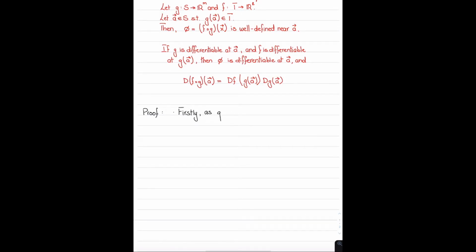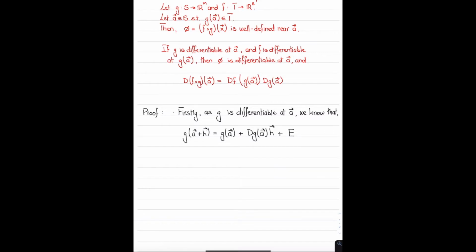as g is differentiable at a, we know that g at a plus h is equal to g at a plus the derivative of g at a, so let's just say dg at a, times the vector h, plus E at h.